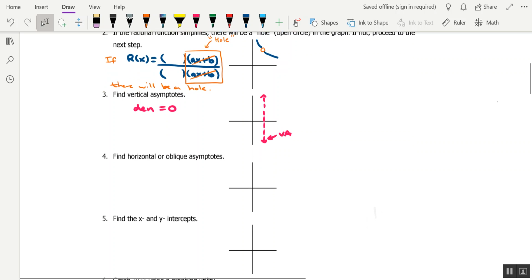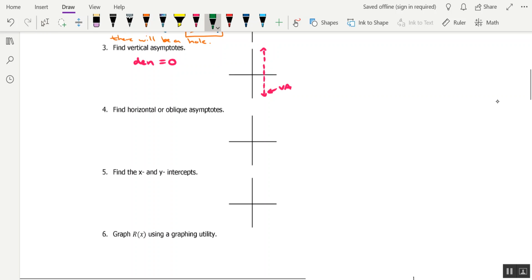For horizontal or oblique asymptotes, which would be the next thing that you'd want to look for, what we have to do is compare degrees. And when you compare degrees, you land in one of three situations, or one of three cases.